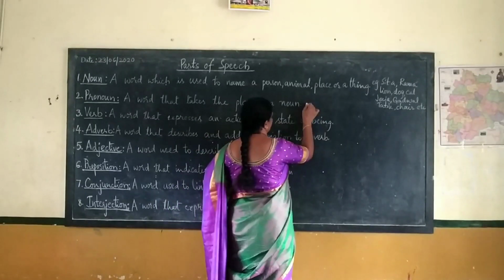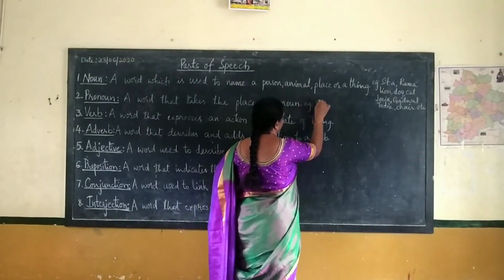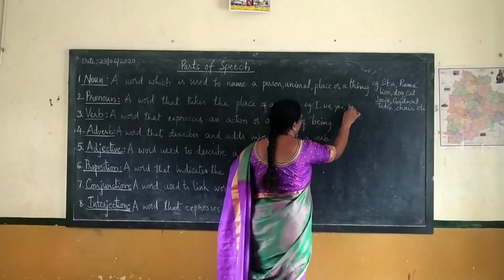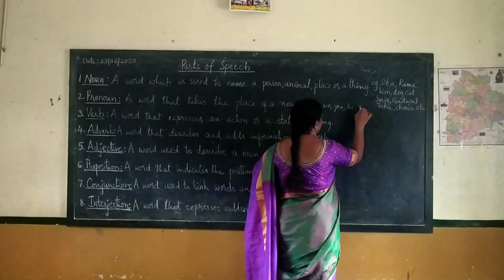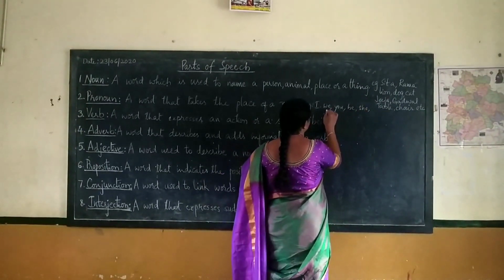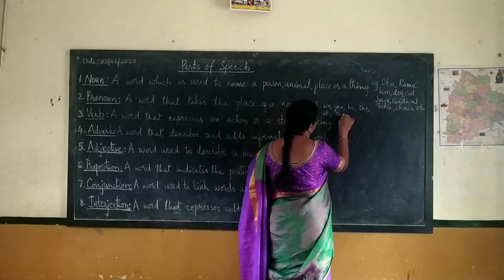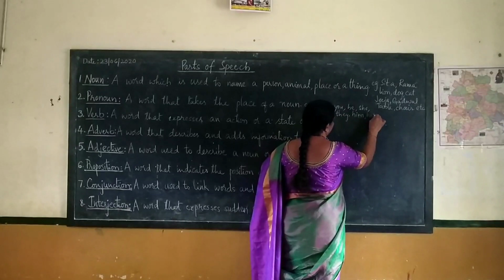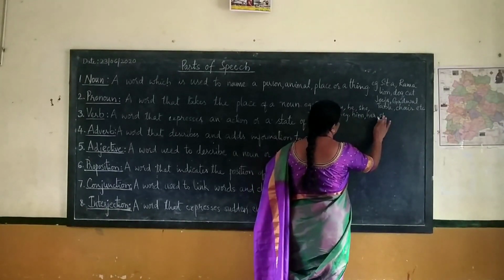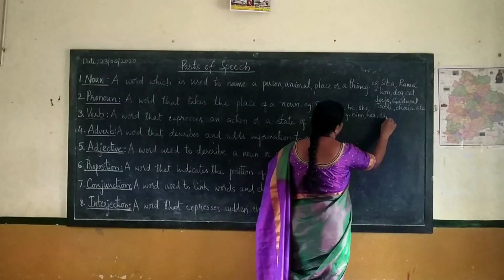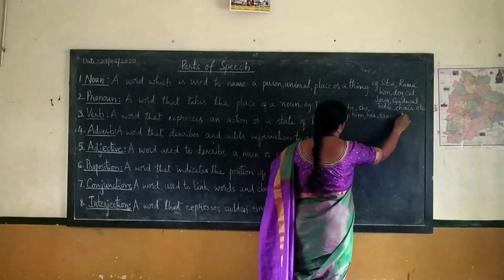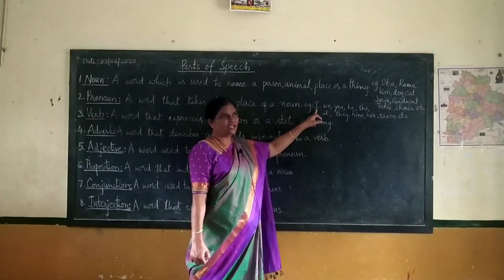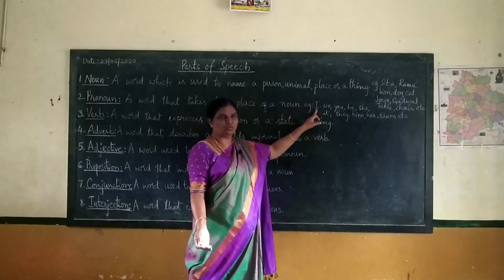For example, I, we, you, he, she, it, they, him, her, them, etc. I is used instead of a noun.